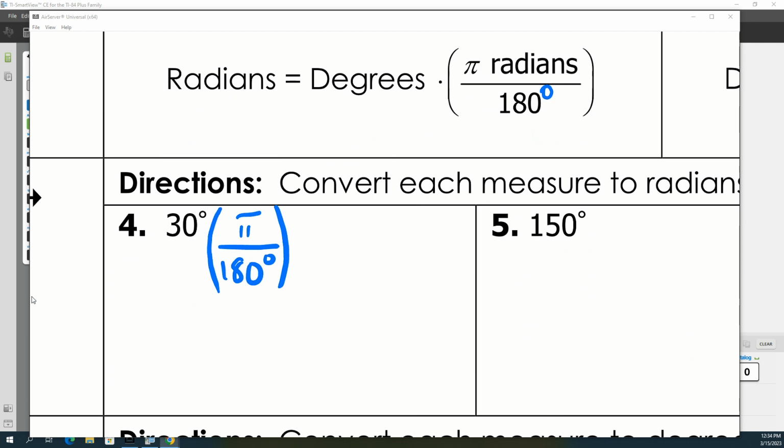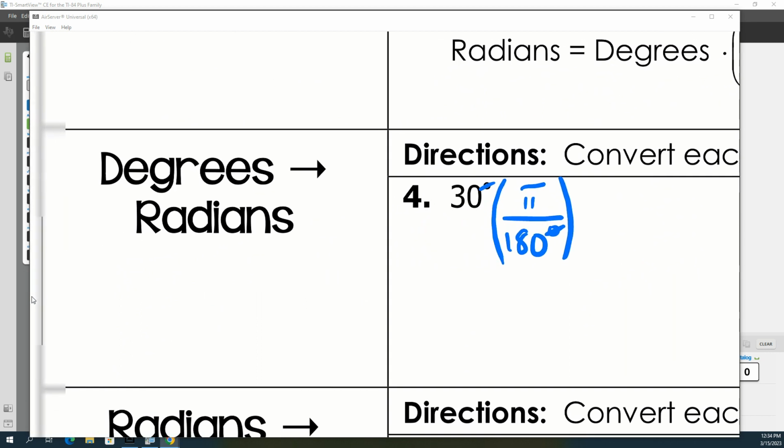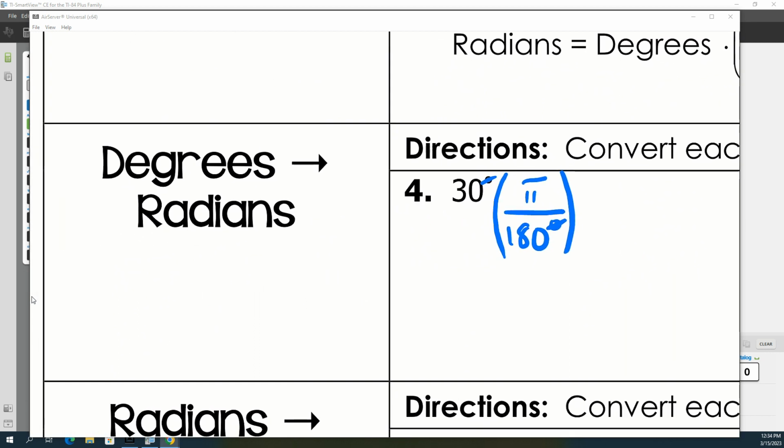And when I multiply that, the degrees cancels out. All right. Now, we are not going to type pi in the calculator, so I'm going to write that over here. Don't type pi in the calculator.